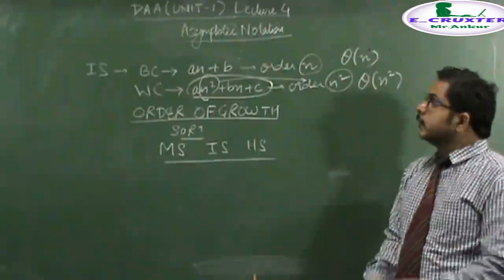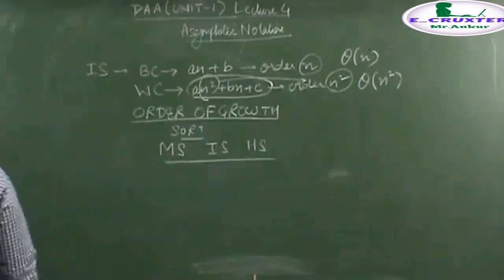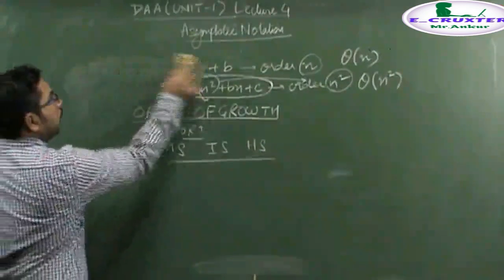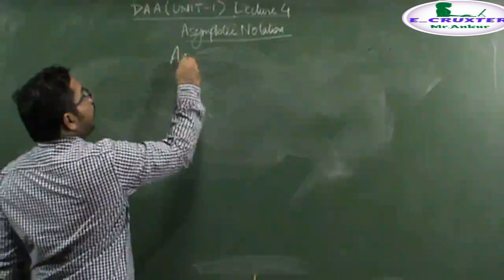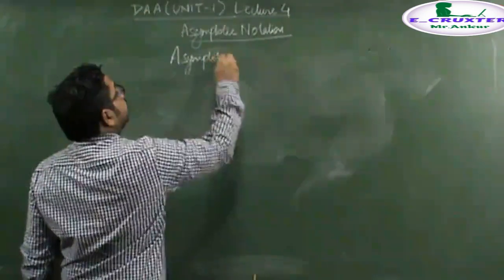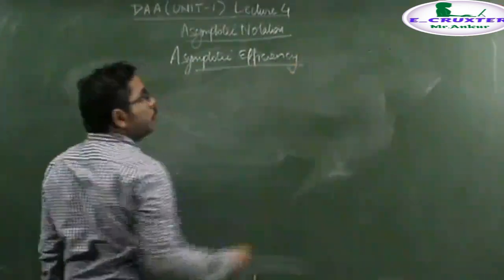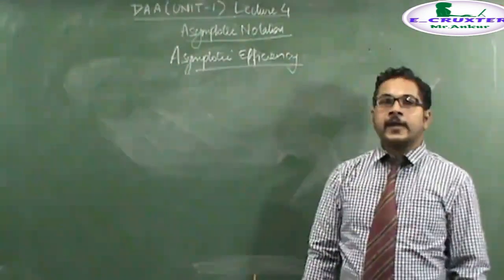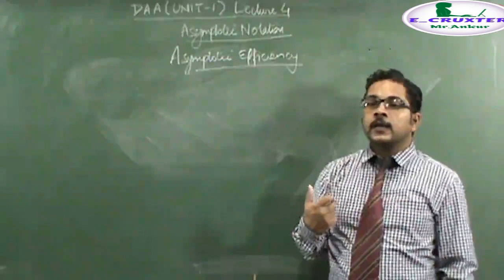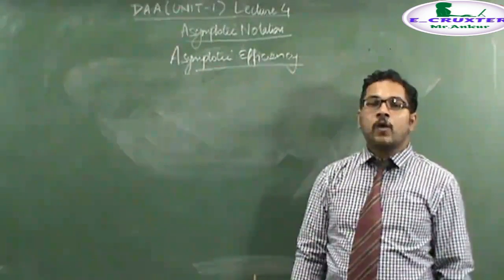Now, what do we mean by asymptotic efficiency of an algorithm, or asymptotic notation? When we look at input sizes large enough to make the order of growth of the running time relevant, we are studying the asymptotic efficiency of algorithms.